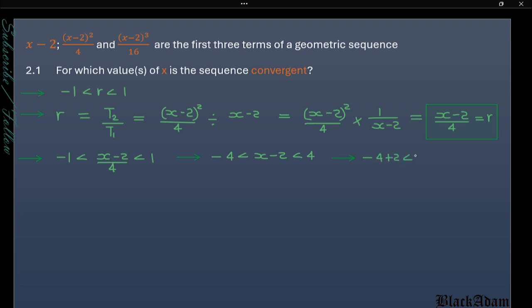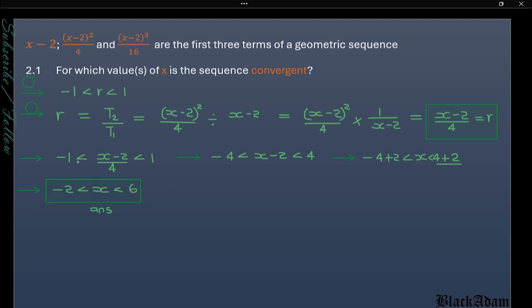So we have -4 plus 2, which is -2, less than x, less than 4 plus 2 which is 6. So that's our final answer.